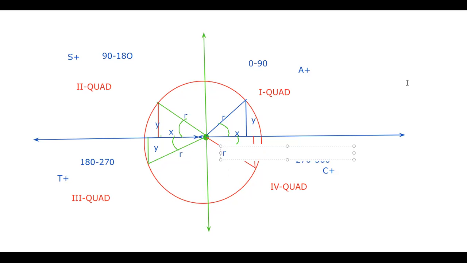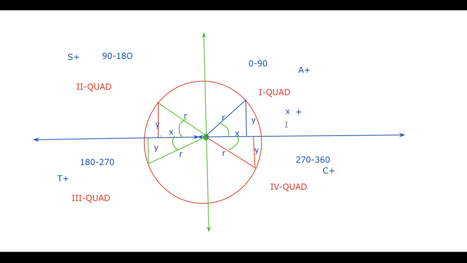Now we have each and everything. Now you will have to decide about that. If we are considering this triangle, what I mean to say this one, here x is positive.